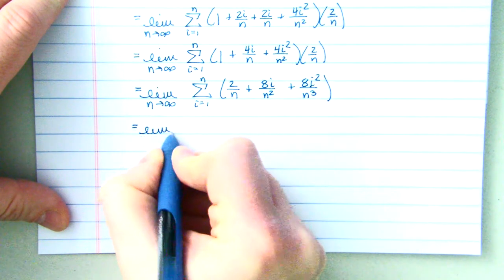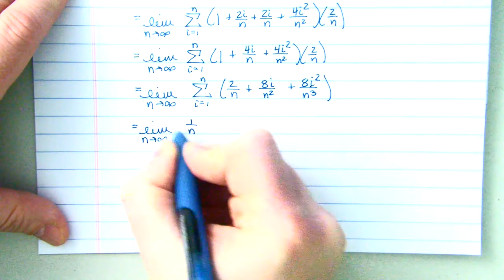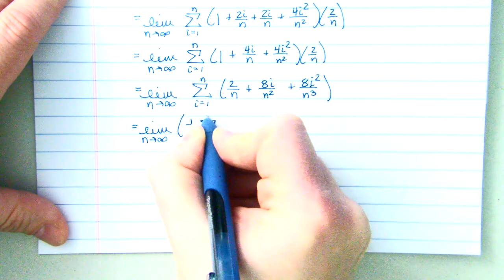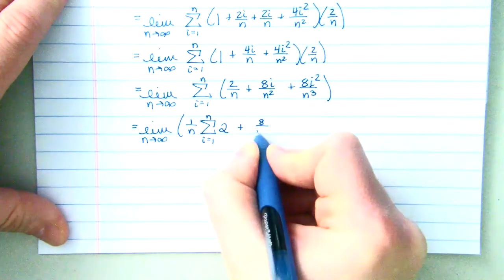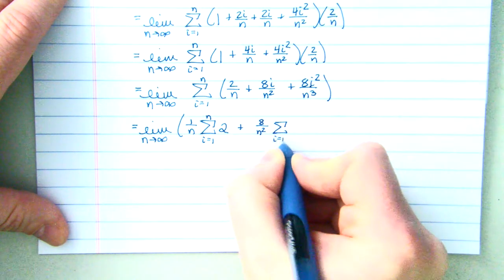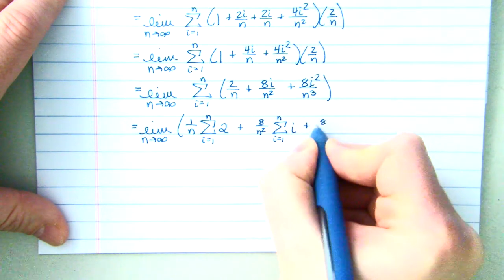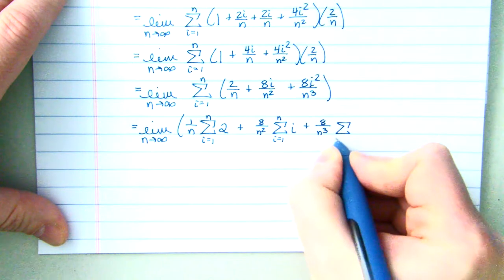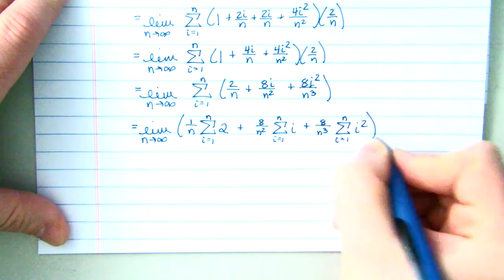This gives me the limit as n approaches infinity of 1 over n times the sum as i goes from 1 to n of the constant 2, plus 8 over n squared times the sum as i goes from 1 to n of i, plus 8 over n cubed times the sum as i goes from 1 to n of i squared.